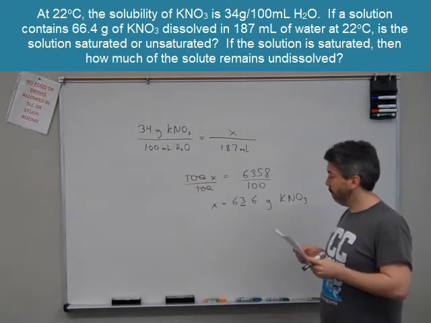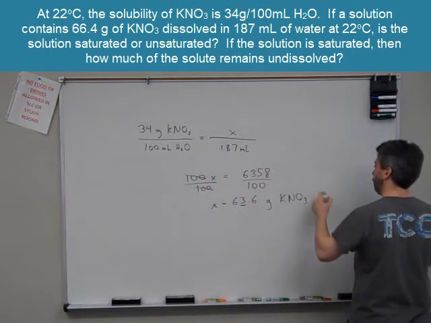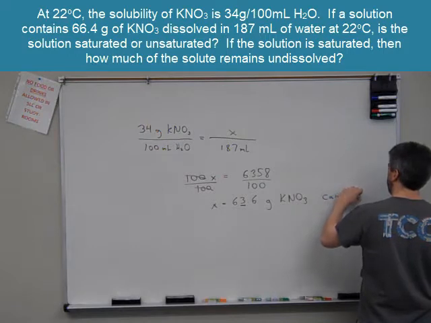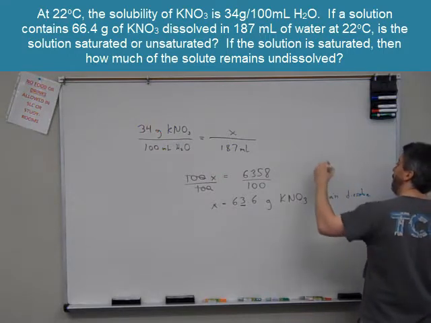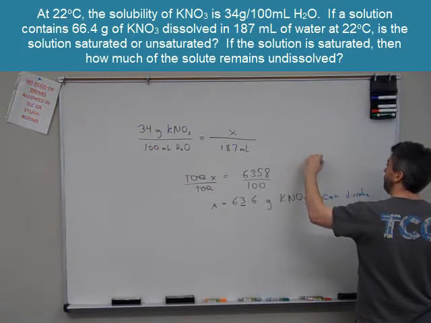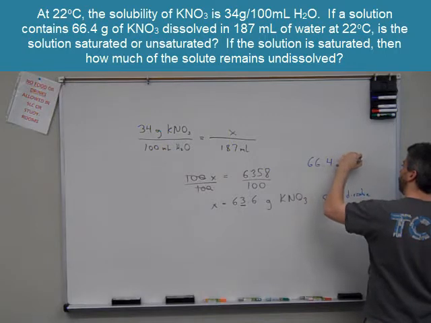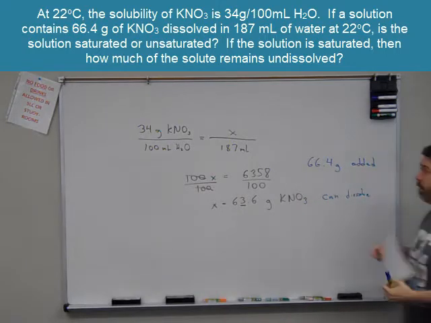Well, no. Because remember, this is how much can dissolve. This is how much is capable of dissolving. How much did we add? Well, we added 66.4. No, the 34 is just the solubility.